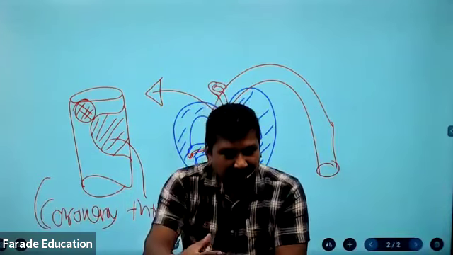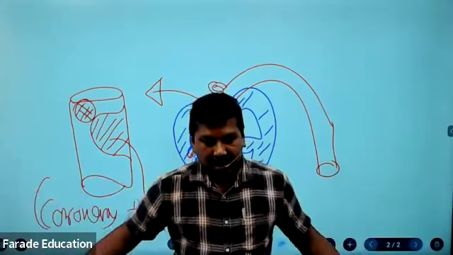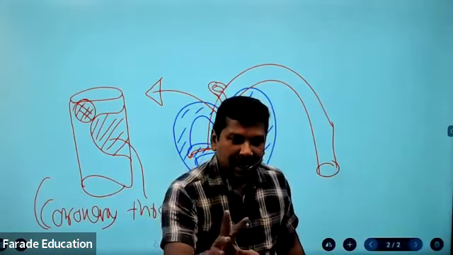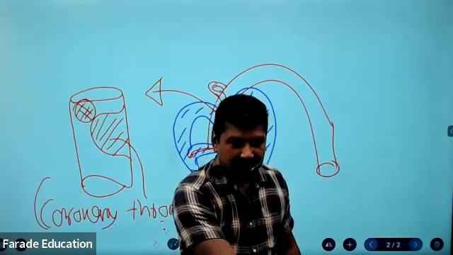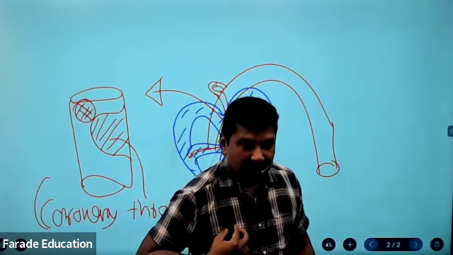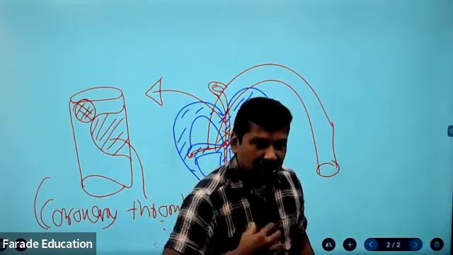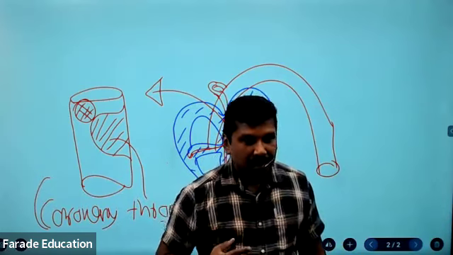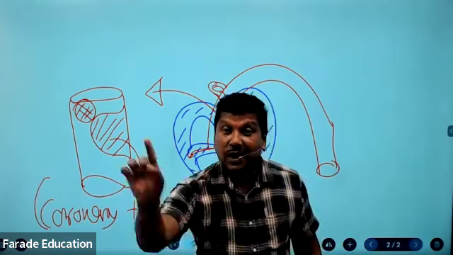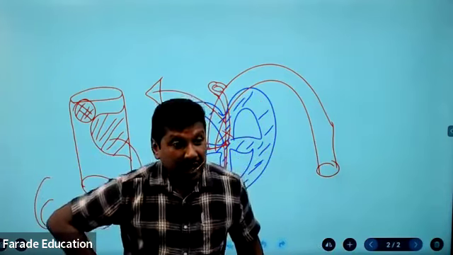Now, cancer means that control is lost. If a cell in the lung loses that control, you get lung cancer. If that control is lost in a cell in the breast of a female, you get a breast lump, breast cancer. If that control is lost in a cell in the ovary, you get ovarian cancer.